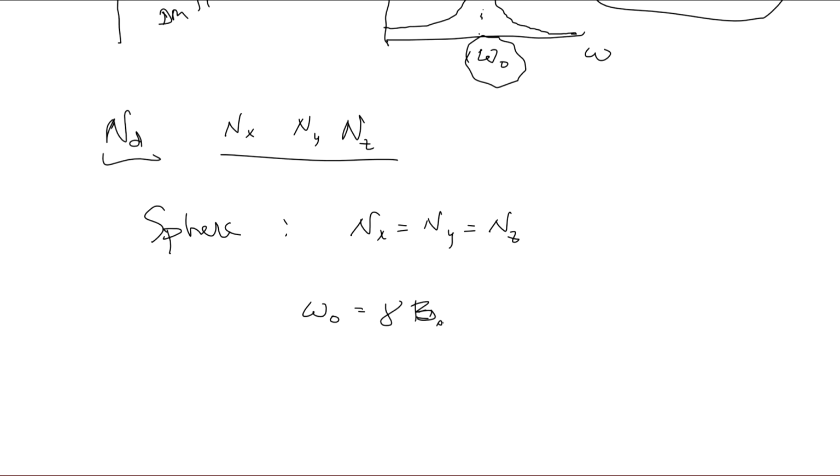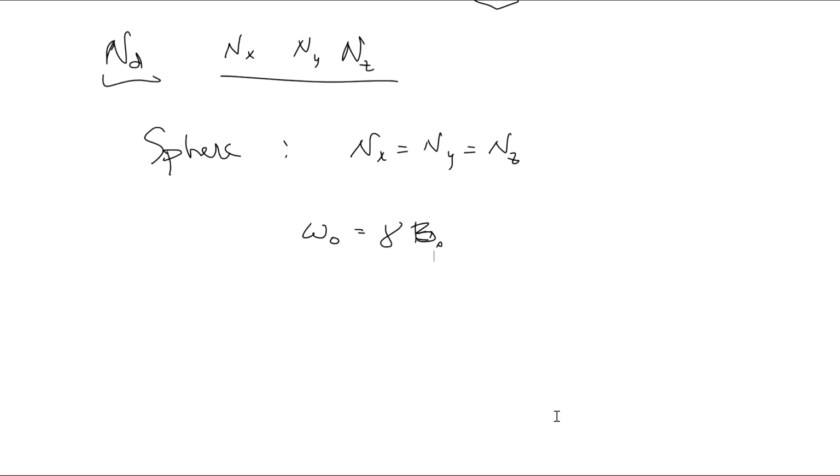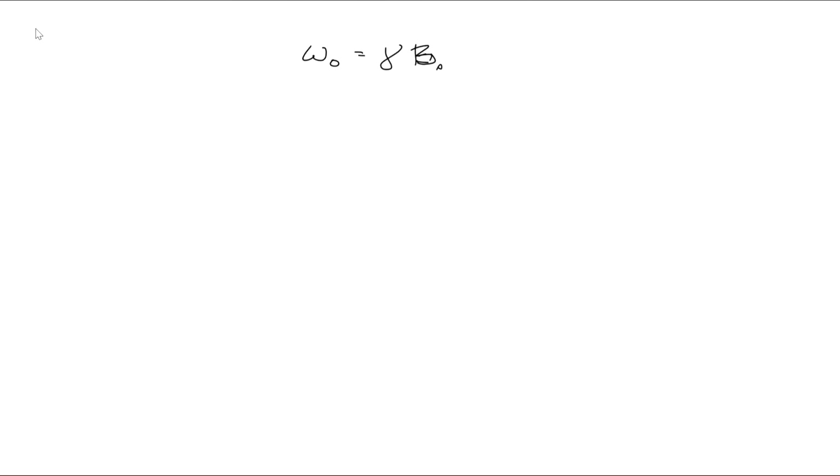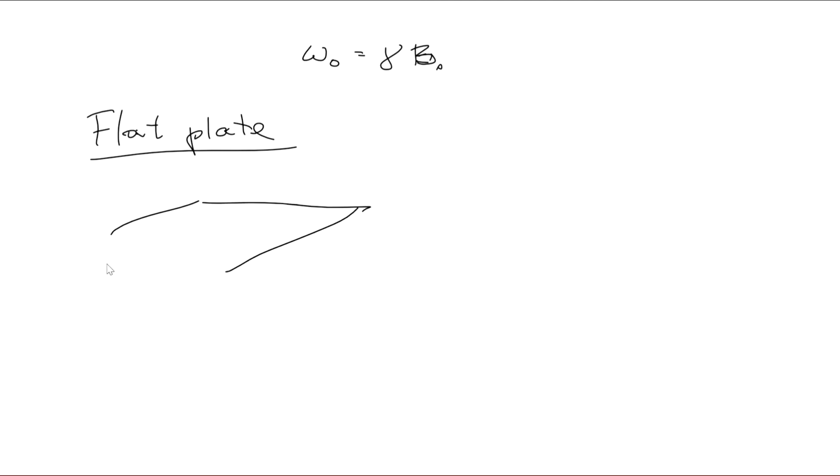But what we can do is we can take a very thin plate. So this is continuous, this is new. What we take is a flat plate, something like this, very thin.